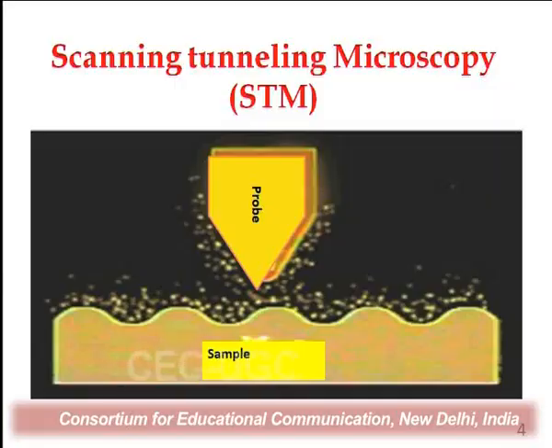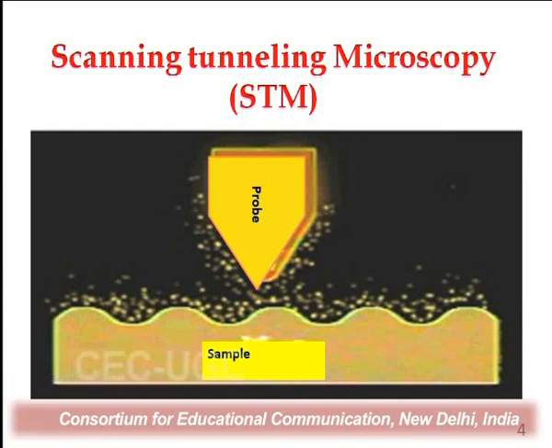Now we further discuss the scanning tunneling microscopy. Here we see on the screen a surface, which is the sample surface, the material which we prepared, and a probe is at a distance from the sample. This probe scans the surface of the material.